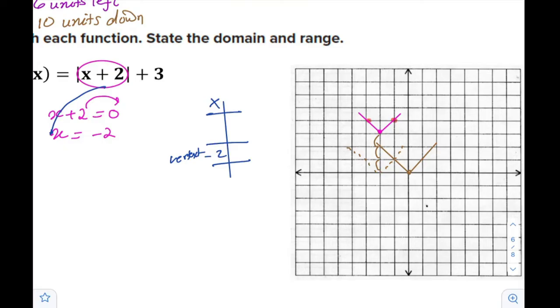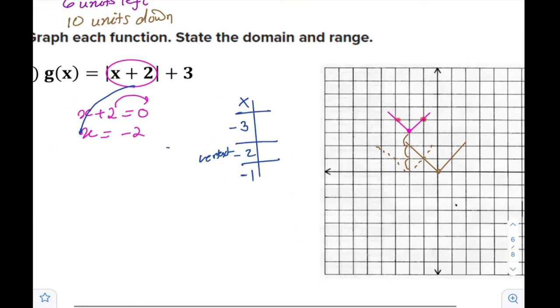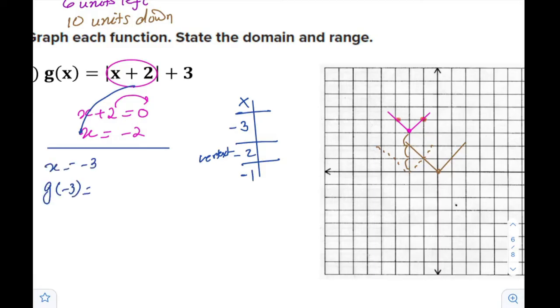Now, choose any point below and any point above. I will choose negative 3, which is less than minus 2, and I will choose minus 1, which is more than minus 2. Then I will replace instead of x. If you replace x equals minus 3 here, so g of minus 3 is the absolute value of minus 3 plus 2, plus 3, which is the absolute value of minus 1 plus 3, which is 1 plus 3 without absolute value, which is 4.